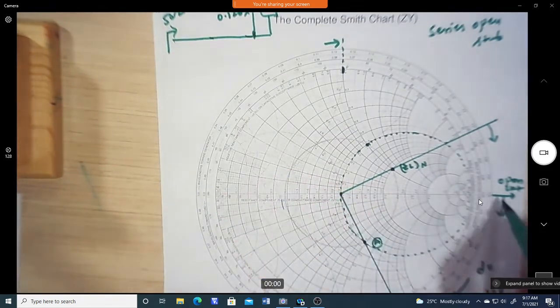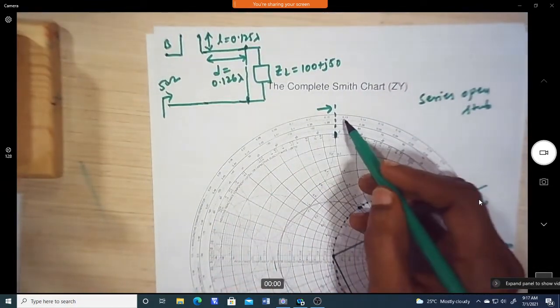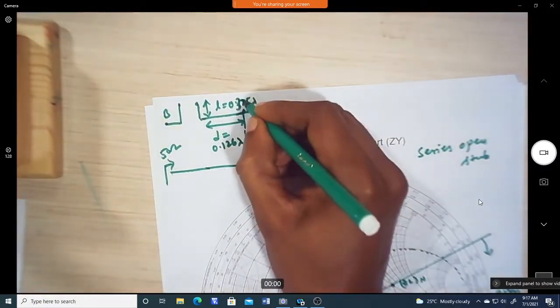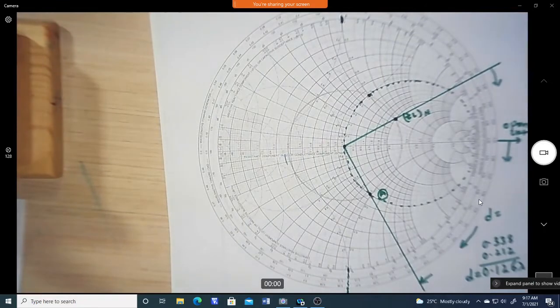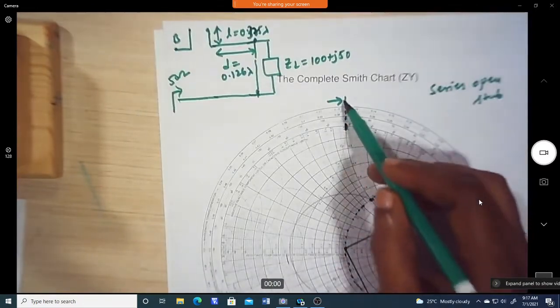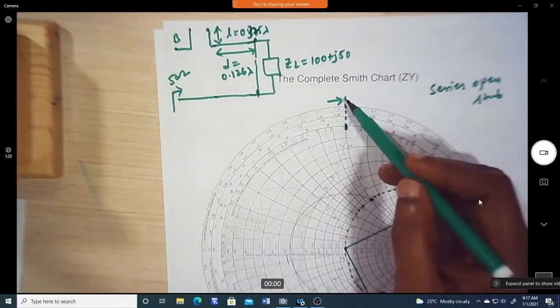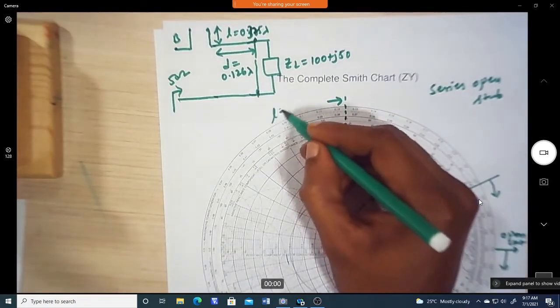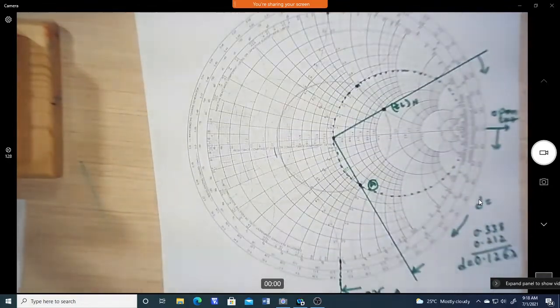So from here to here it is 0.25, again from here to here it is 0.125, so the total value is 0.375. So the plus J1 length which is given from the open circuited stub is 0.375. So the length of the stub which we got is 0.375 lambda.